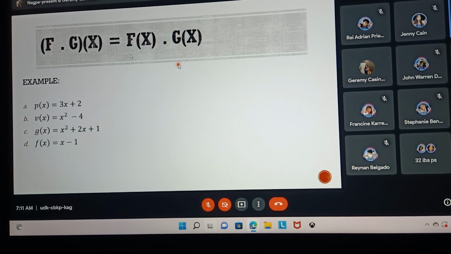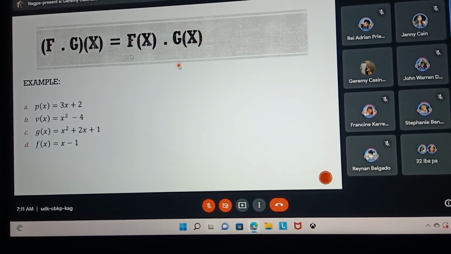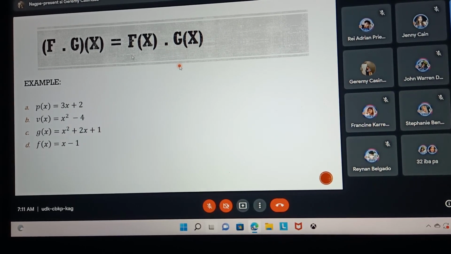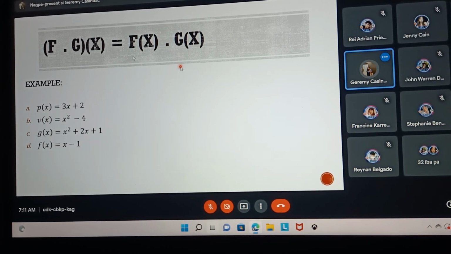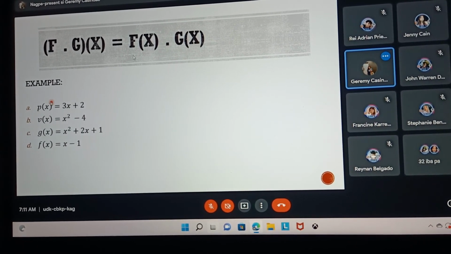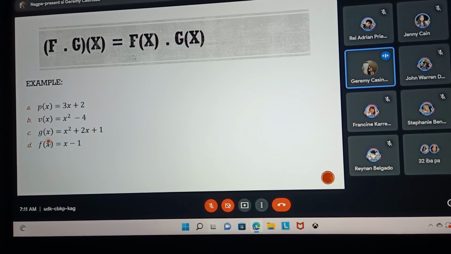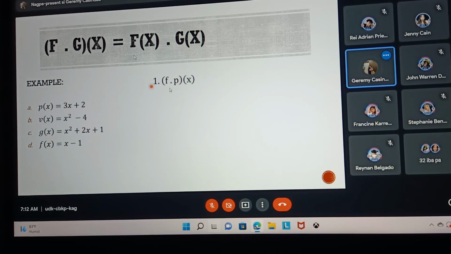D, g of x is equals to negative 2x plus 1. Thank you, Toledo. So, ito yung ating different given. Okay? So, ang hinahanap for example number 1 is f times p of x. Okay?